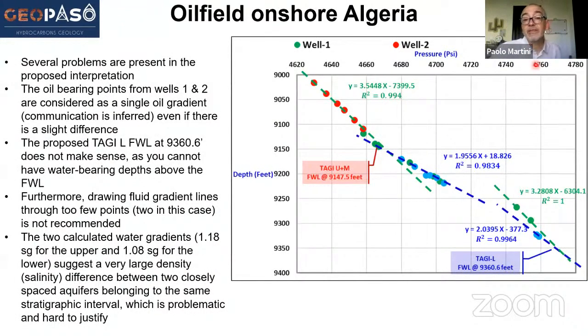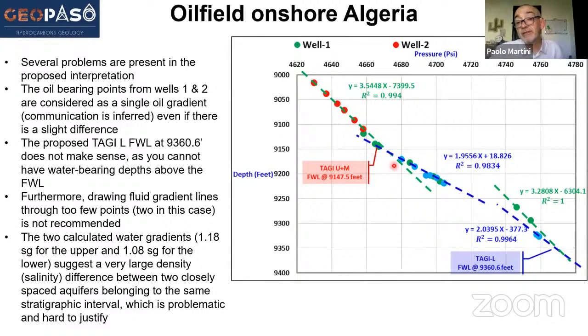So for example, in this oil leg here, the green dotted line, they put points from well number 2 in red and well number 1 in green, but you can see that the points on well number 1 are slightly off the line, so this difference is not highlighted.